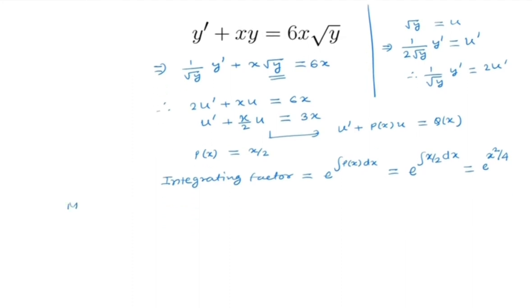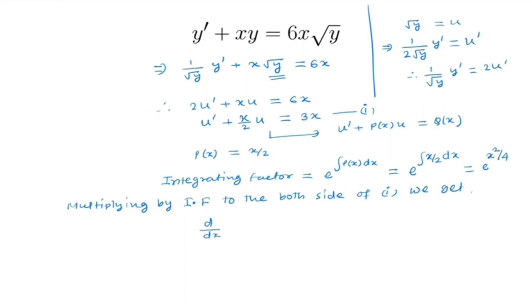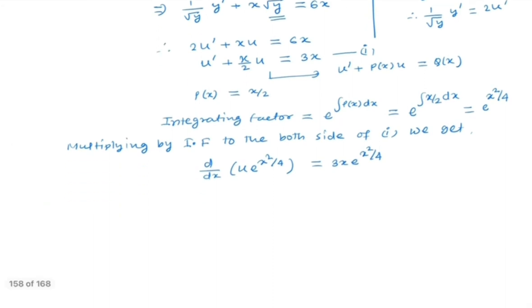So multiplying the integrating factor to both sides of this equation number 1, we get d by dx of u times e to the power x square by 4 is 3x e to the power x square by 4.